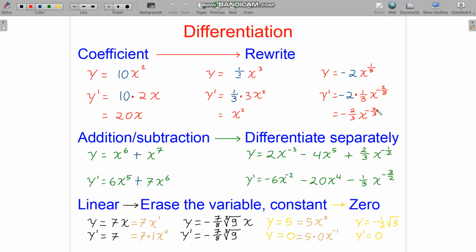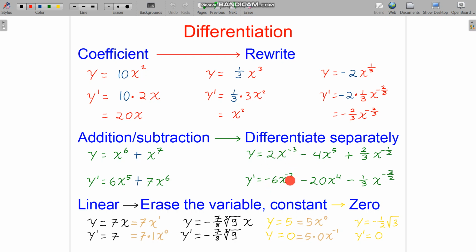When you have addition and subtraction, we can differentiate separately. For this x to the power of 6, we bring the power down. We have 6 times x to the power of 5, 7 times x to the power of 6. Same thing here, another example. Minus 3 times 2 is minus 6, so minus 6.